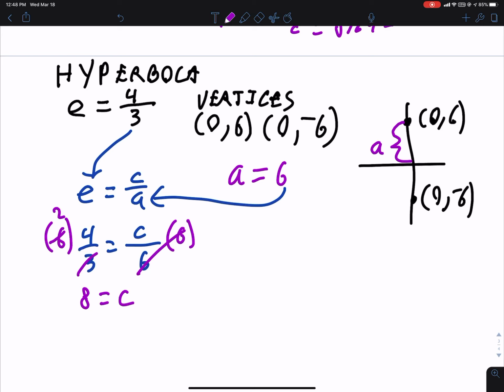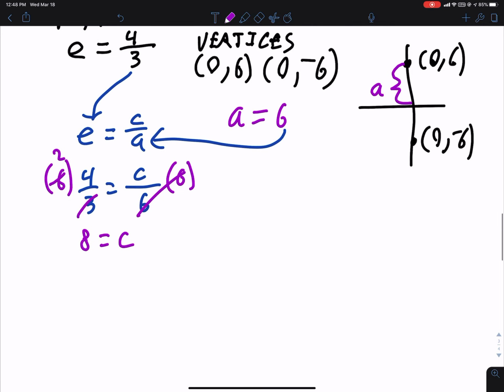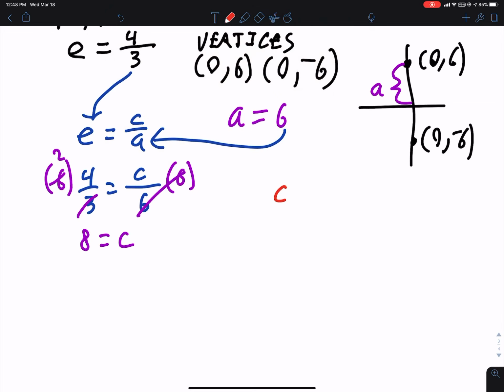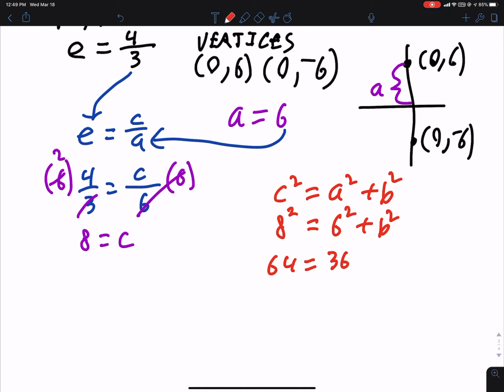Why do we need that? Because we have a formula for hyperbolas where c squared is a squared plus b squared. So now plugging in 8 for c and 6 for a, we can calculate b. 64 minus 36, that is 28.